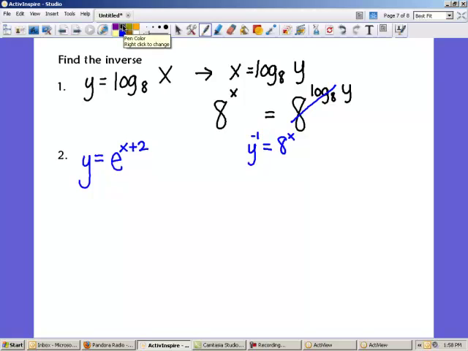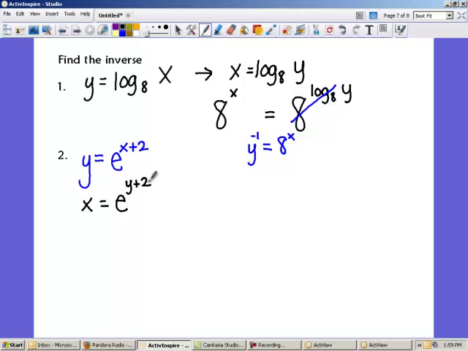If you look at number 2, we're going to switch the x and y around just like normal. And we need to solve for y. Now, whenever you're solving for y and you have an e, the opposite of e is the ln button, the natural logarithm.